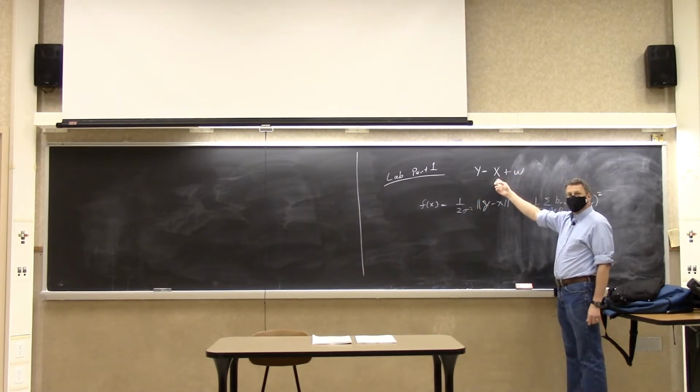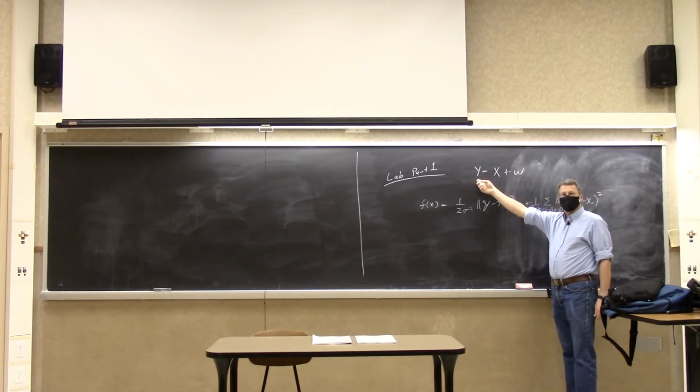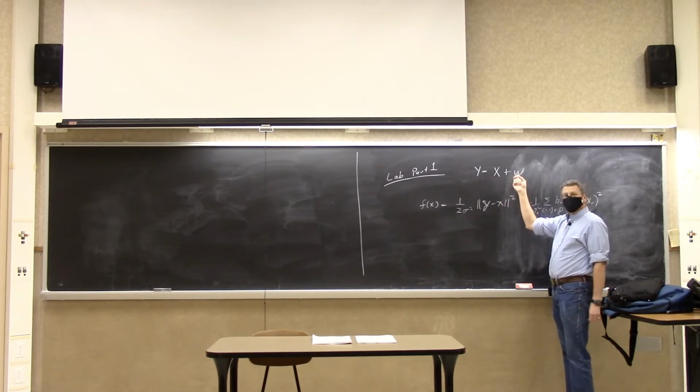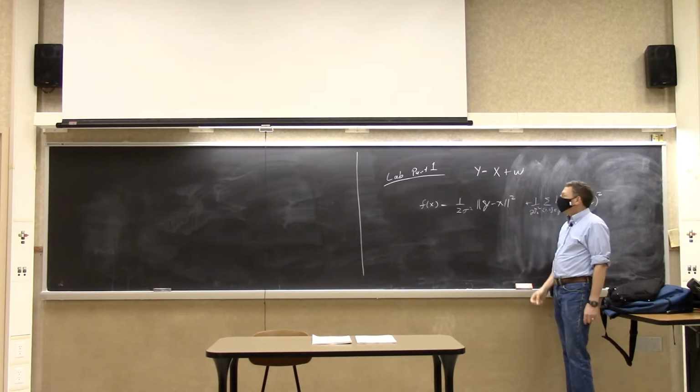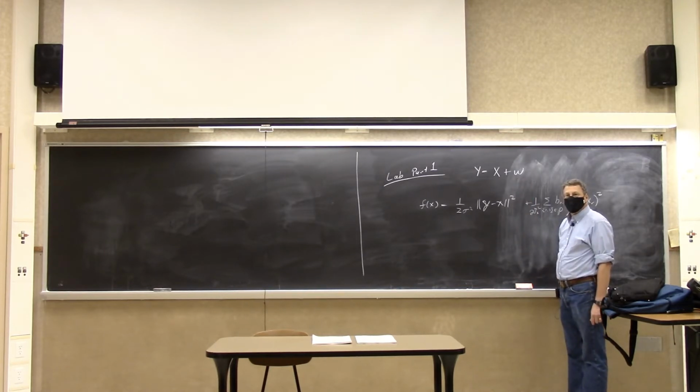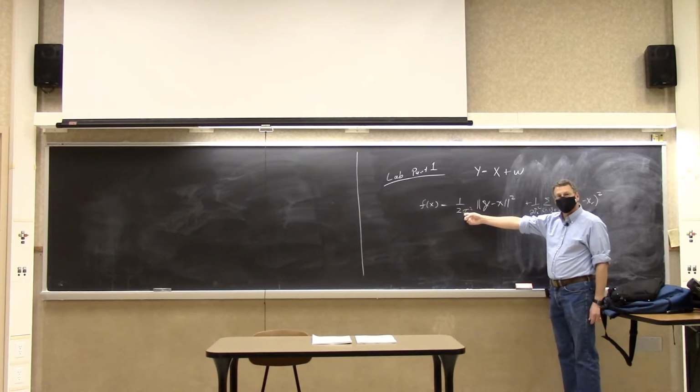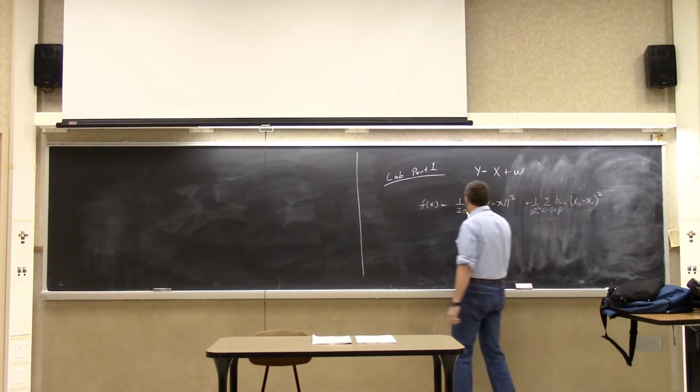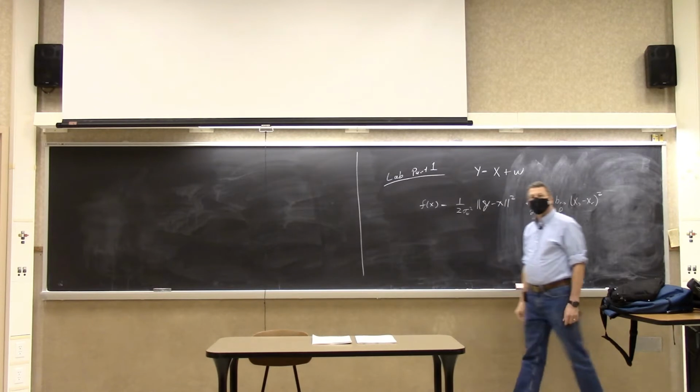X is the image you're trying to recover, right? Y is your observations. What's w? It's Gaussian white noise, right? And what's this variance? I could put a w if you want, okay?